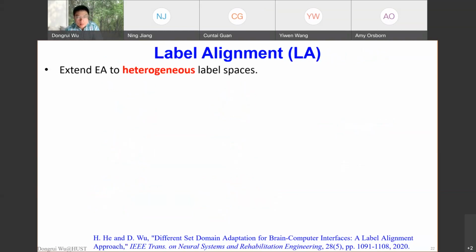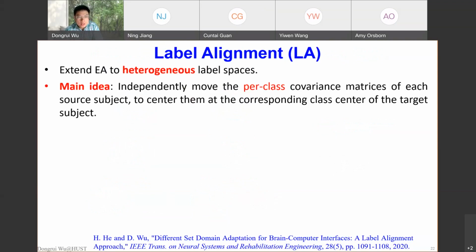The label alignment approach is essentially an extension of the previously proposed Euclidean alignment approach to heterogeneous label spaces. The main idea is to independently move the per-class covariance matrices of each source subject to center them at the corresponding class center of the target subject.